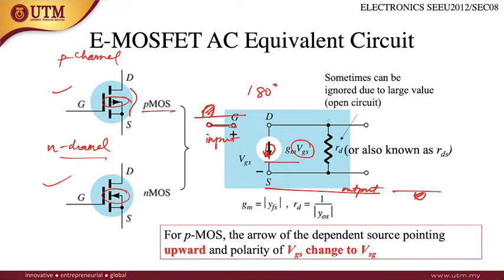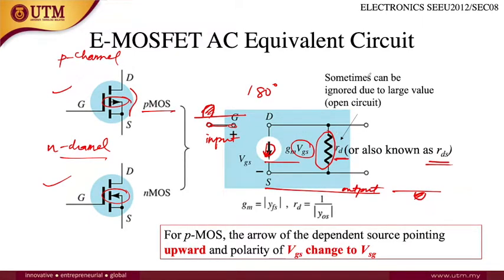At drain and source, there is also a resistor RD connected in parallel. In some books it is represented as RDS, the drain-source resistor, and in some books as RD, so both are the same.